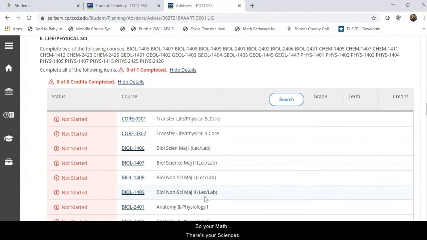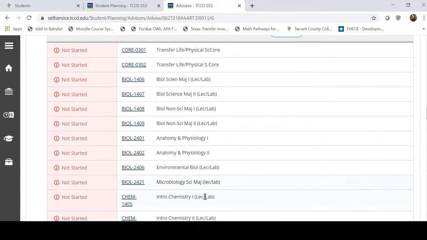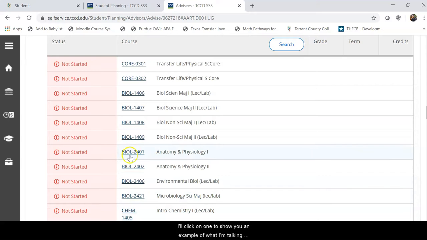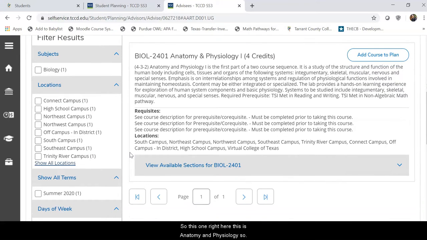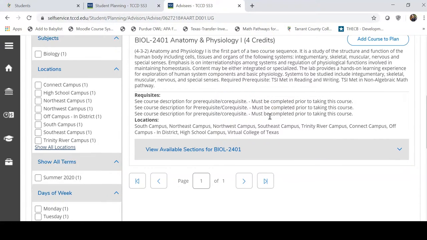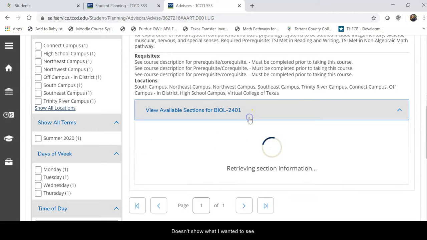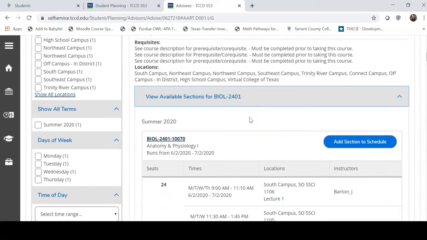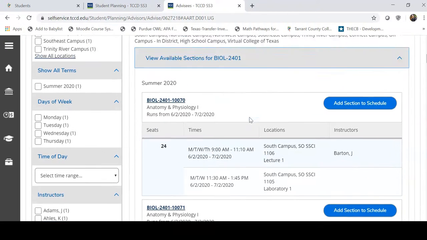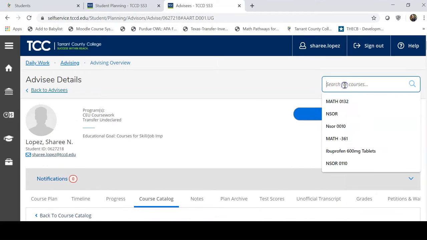So there's your math, there's your sciences, and I'll click on one to show you an example of what I'm talking about with some of the notes. So this one right here, this is anatomy and physiology. So that's some of the information that's right there. That doesn't show what I wanted to see. I changed up my notes. Hang on, let me go back.